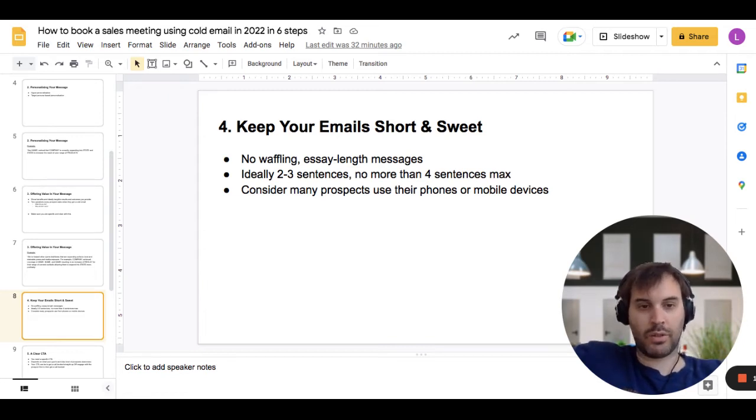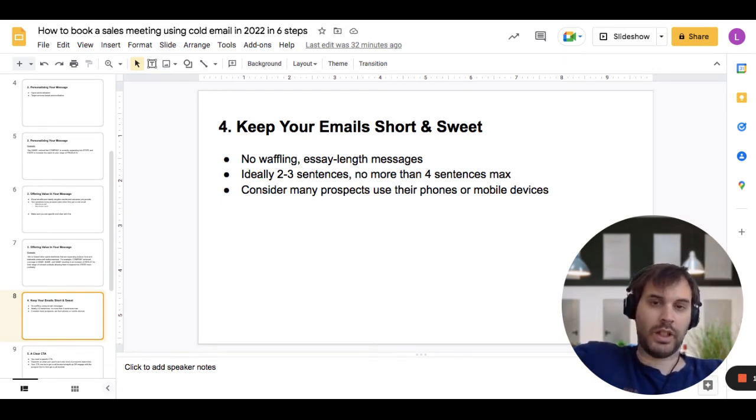In general, I recommend two to three sentences, maybe four at the max, for your emails, because you've got to think that a lot of people read their emails on their mobiles. So you want everything to be easy and quick to read.